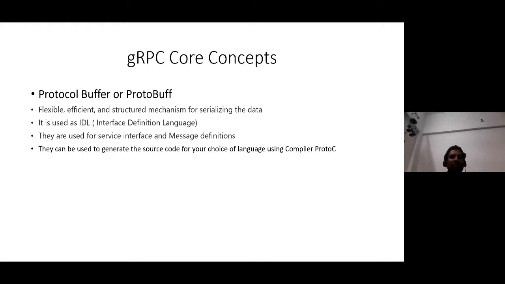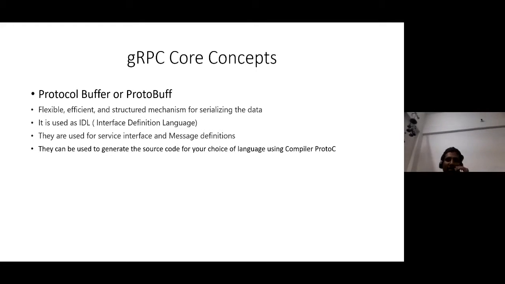So protocol buffer acts as an IDL, and it creates a platform so that these things will be able to communicate with each other properly and without any hassle. Protocol buffers are also used for service interface and message definitions as well.